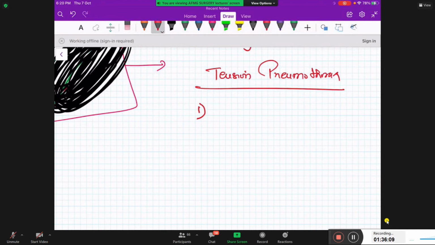But then what will tell you that there is a breathing problem here? The patient will have a respiratory distress. Yes or no? Yes. So that means this patient also will have a tachypnea. If the patient is talking and having a tachypnea, we know this is not because of an airway.